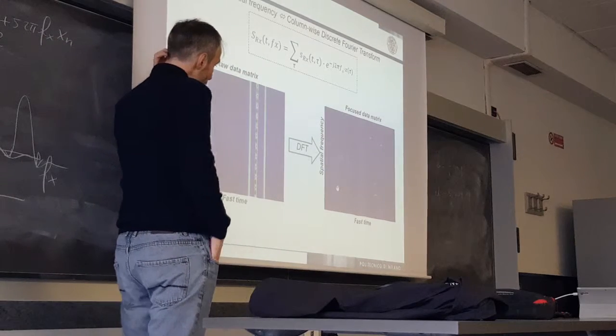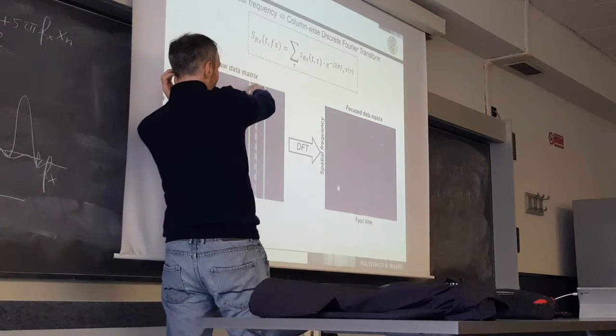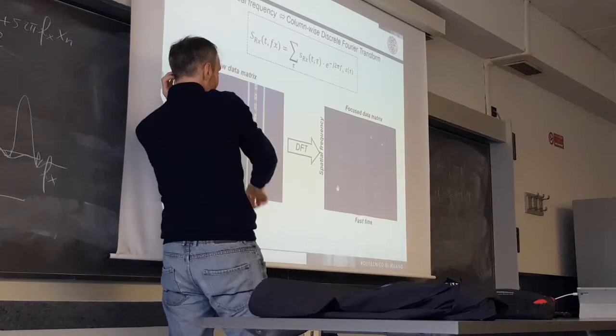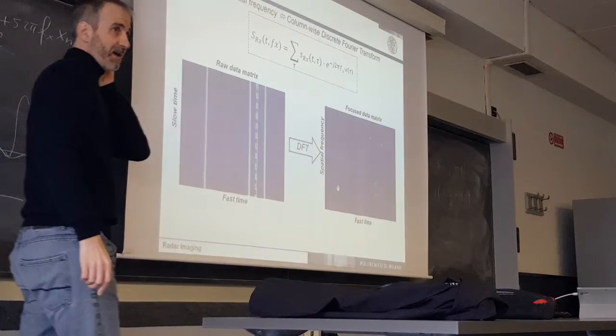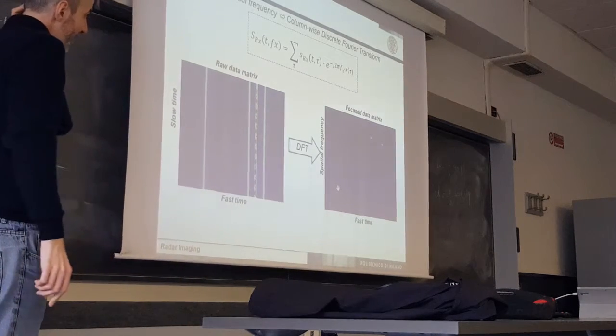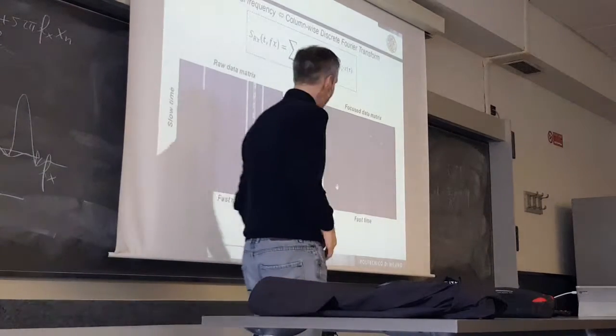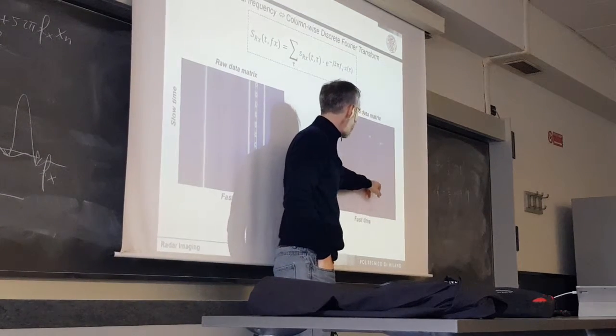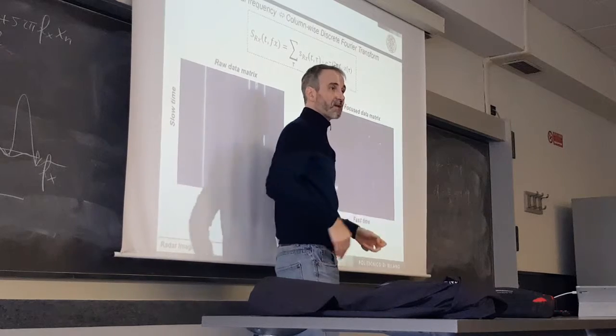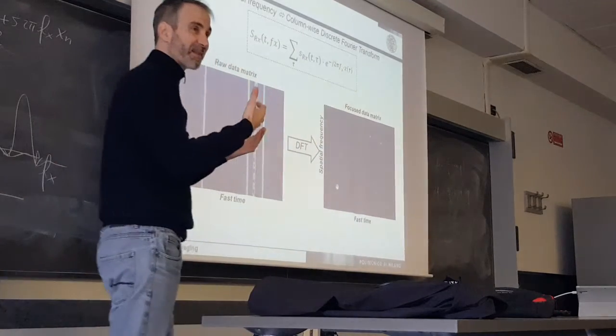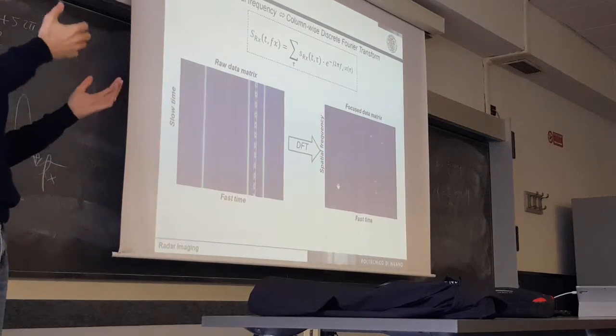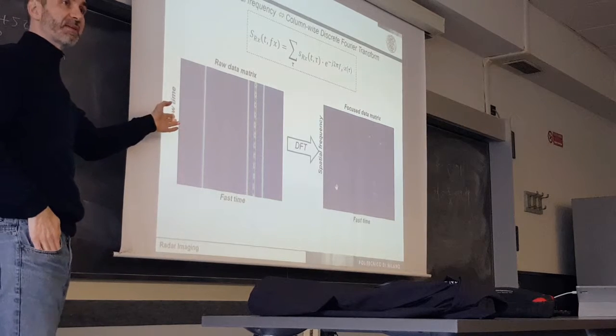You can also see now why the amplitude here is not constant. It means that these 2 targets are at the same distance from the radar, and so their signals get mixed in the raw data matrix.